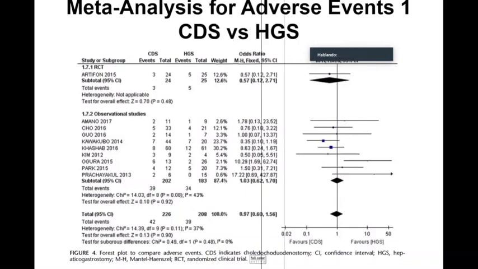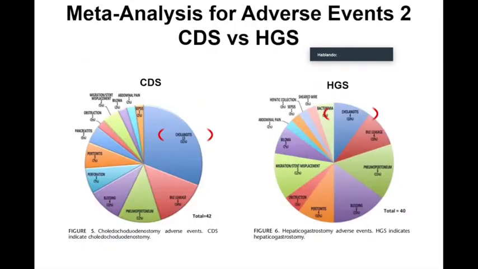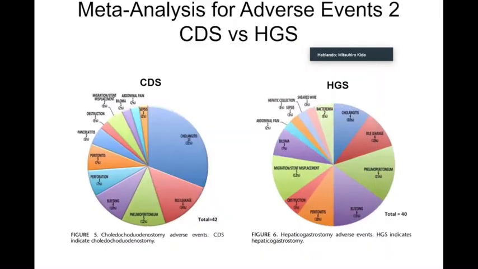However, the spectrum is different. CDS has much more cholangitis compared with HDS. On the other hand, concerning migration, HDS has a much higher migration rate compared with CDS. But in total, there is no significant difference in adverse events between these two groups.